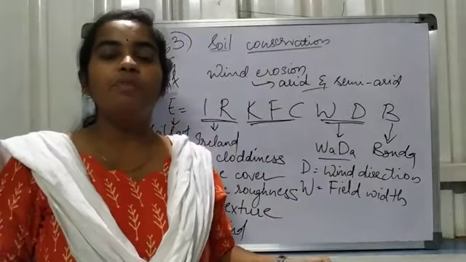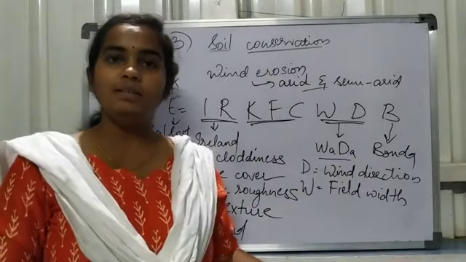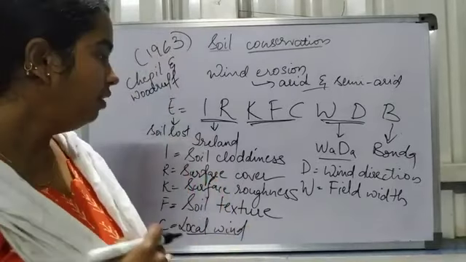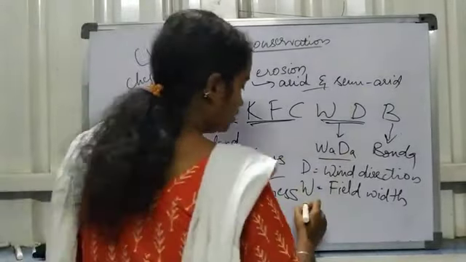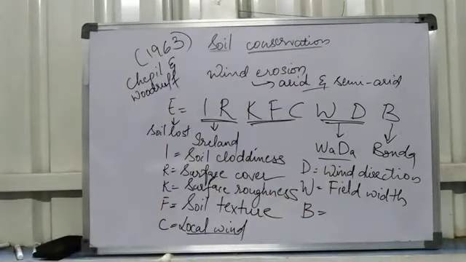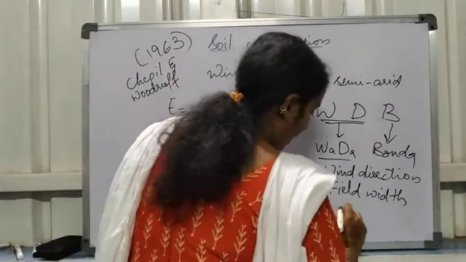The more the width of the field, the more the roughness, the more the light soil, the more is the erosion through the wind. And D is for direction, and B stands for wind barrier.